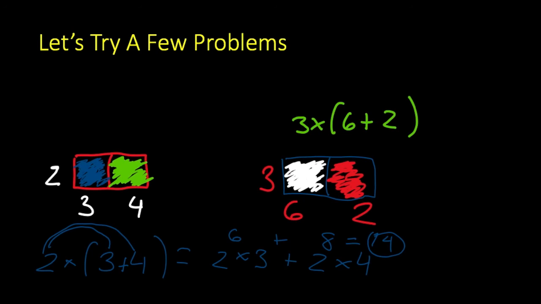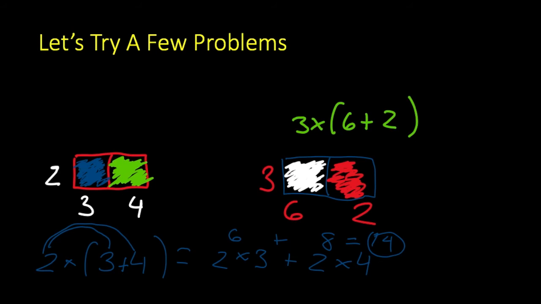Because parentheses represent the 6 plus 2. It's not meaning that we're going to do this first or anything, it's just a different type of problem, so that's why we put parentheses. You don't have to, but using the distributive property, you have to when you're doing the distributive property.